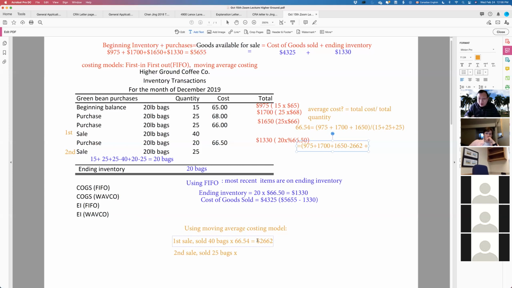And then I also made a purchase that cost me $1,330. That's my total cost immediately before the second sale, divided by 15 plus 25 plus 25 minus 40 plus 20. Does this make sense, the way I wrote it down?